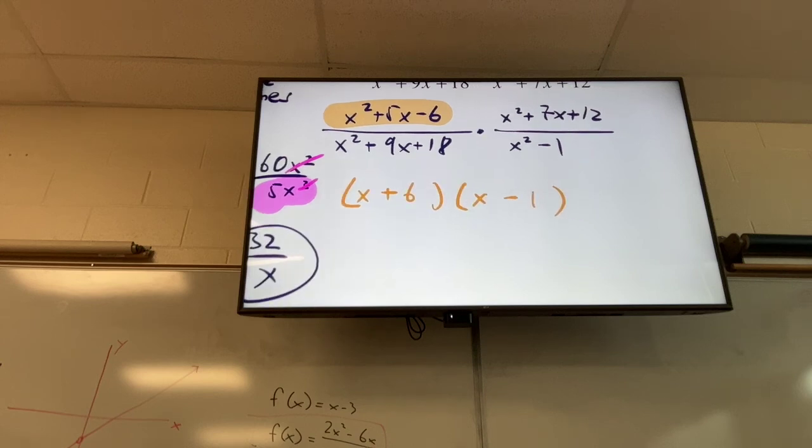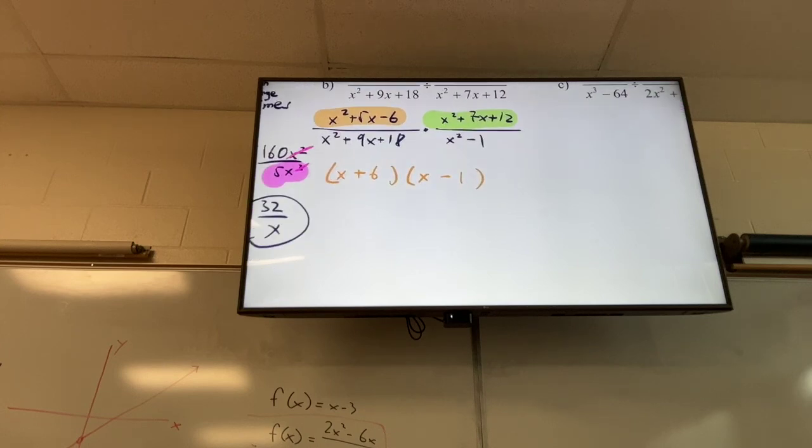The green, I'm going to highlight this next one in green. The green factors to x plus 3 and x plus 4. And then we'll draw a fraction line here, okay? The purple, just leave it right there.